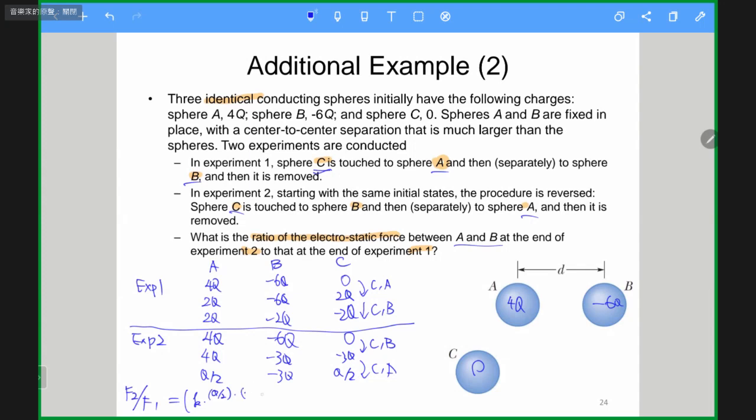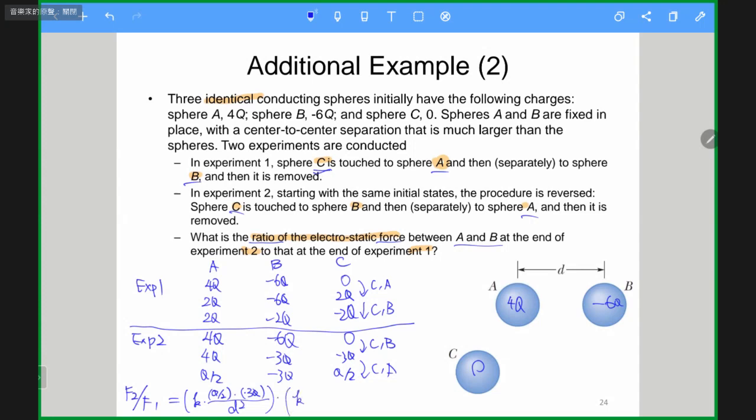Actually we don't need to consider the polarity, because we only consider the ratio of the force magnitude. The distance between A and B is D, so D squared, and it doesn't change, so it will just cancel.